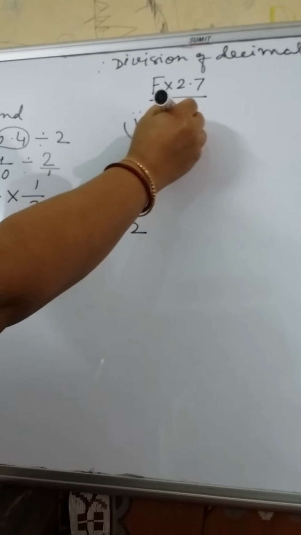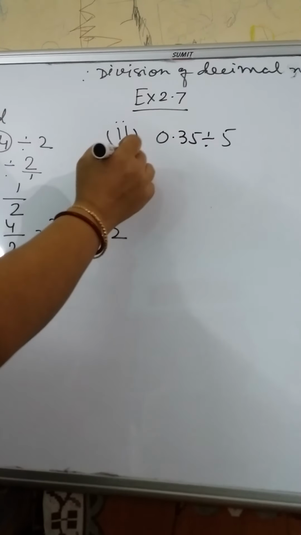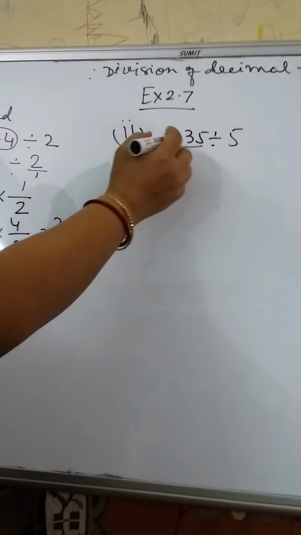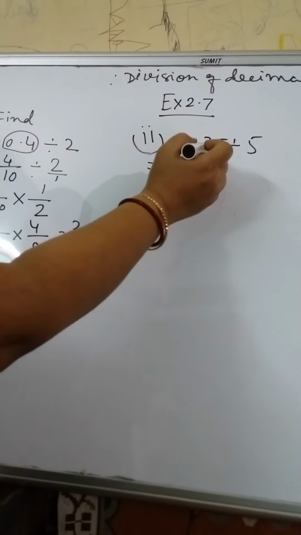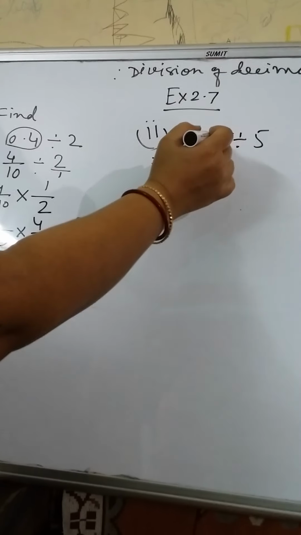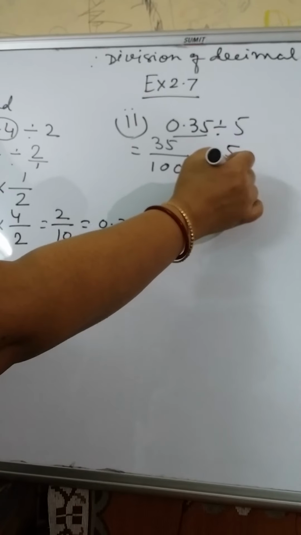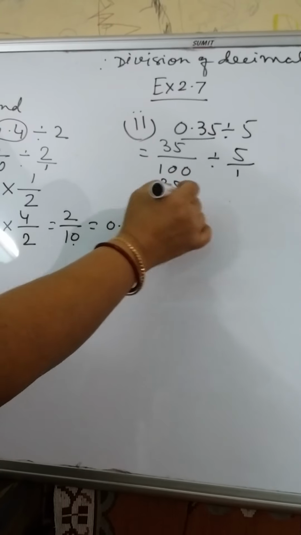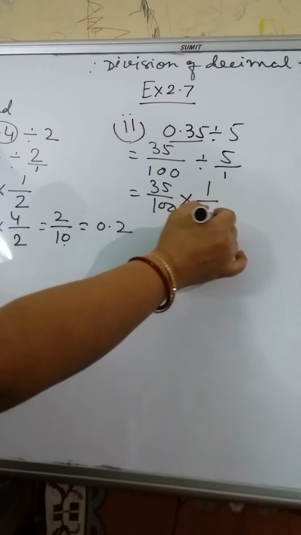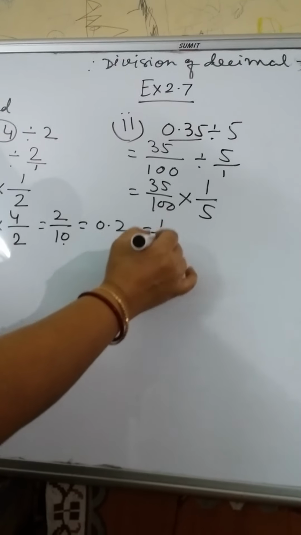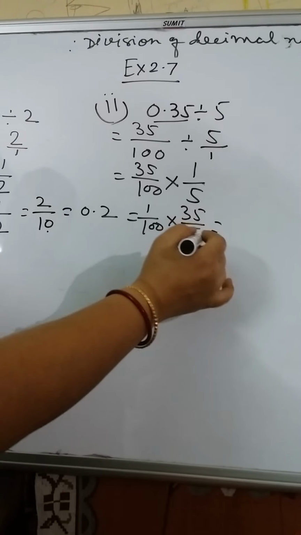Now another example, question number 2: 0.35 divided by 5. So you have to write it in its fractional form. So 35, how many places after the decimal? 2 places. So you will write 2 zeros here, divided by 5, and in the denominator it is 1. Next you have to multiply with the reciprocal of the divisor. So 35 by 5 is 7.